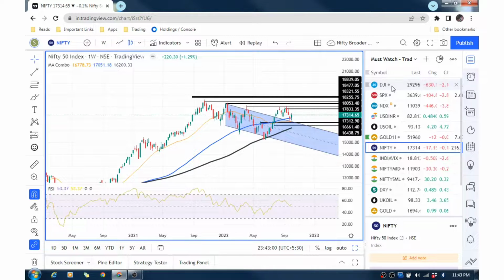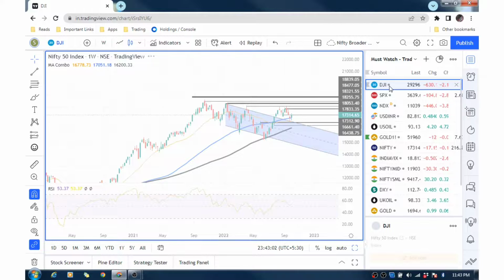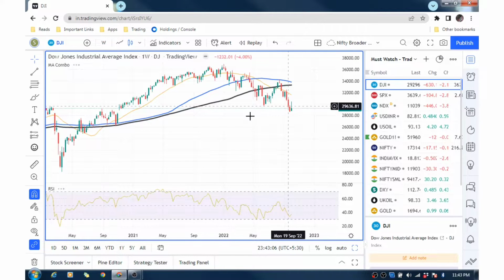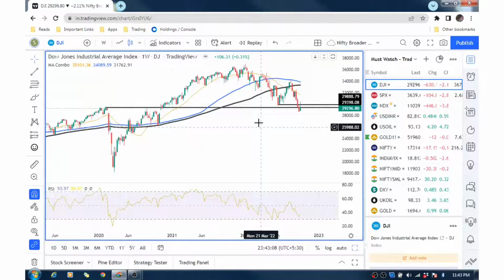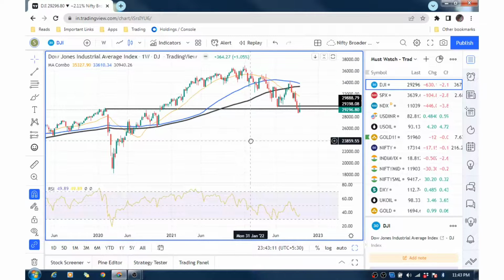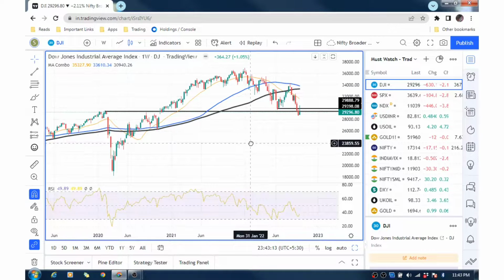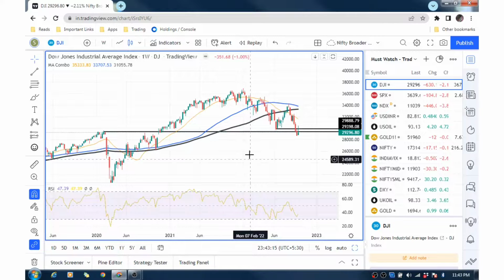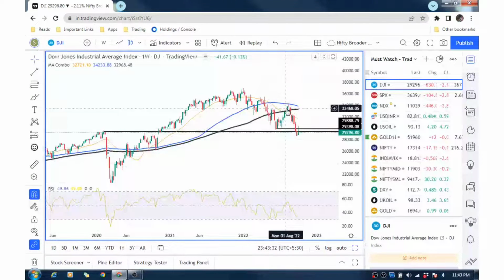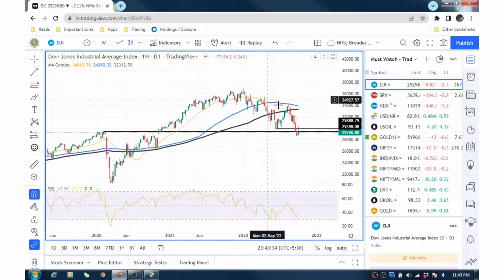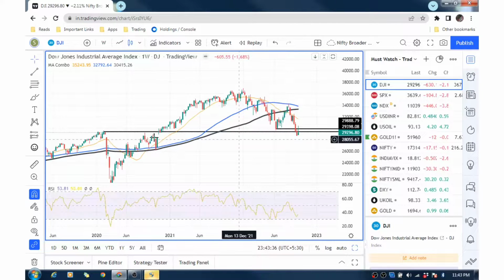So first chart that we are going to see will be Dow Jones Industrial Average, which is the US broader index, okay. Okay, this is the chart for Dow Jones Industrial Average. Dow Jones is making lower peaks, okay. So this is clearly in a bearish trend, and also it has broken these two key supports, okay.